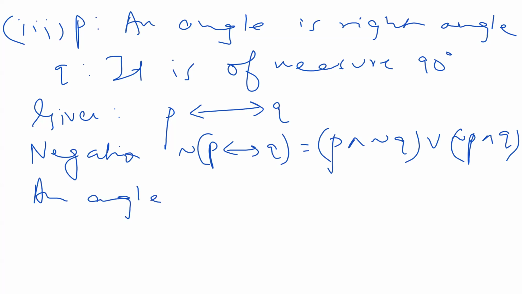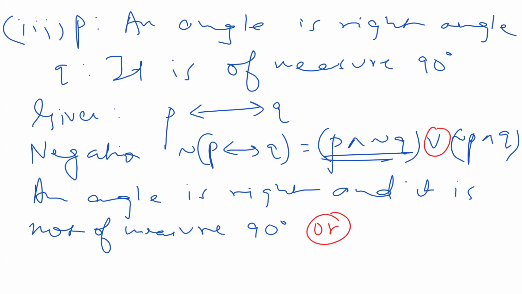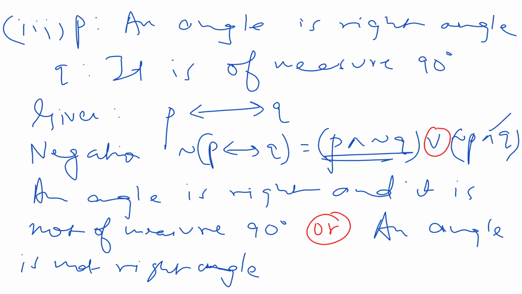An angle is a right angle and it is not of measure 90 degrees, or negation P: an angle is not a right angle and it is of measure 90 degrees. Q is the same.